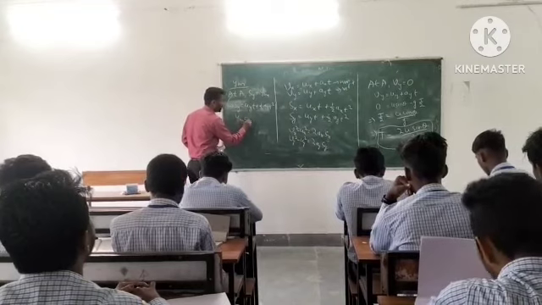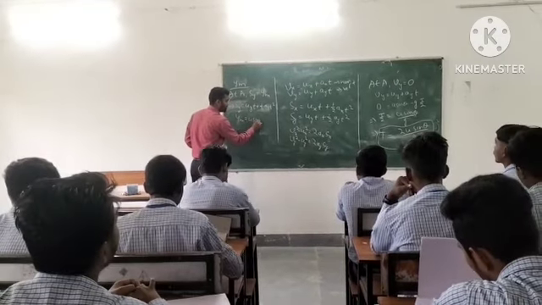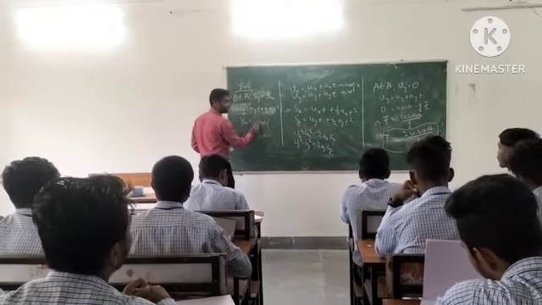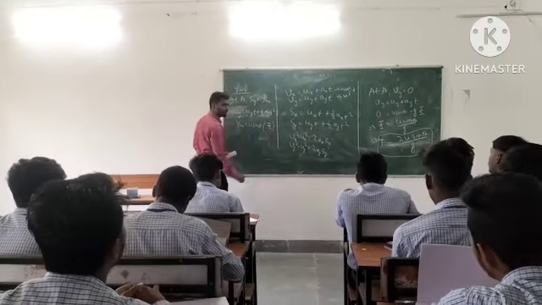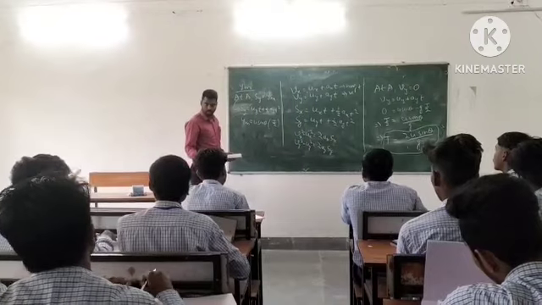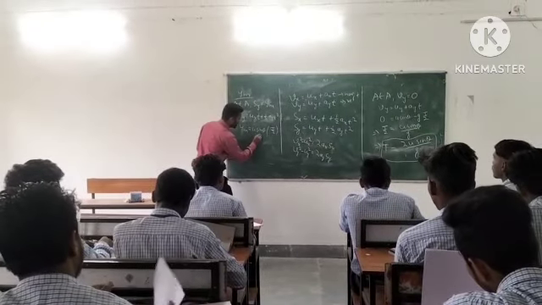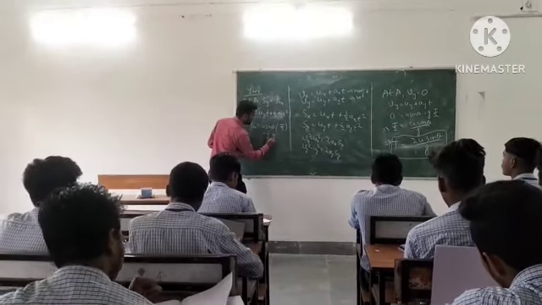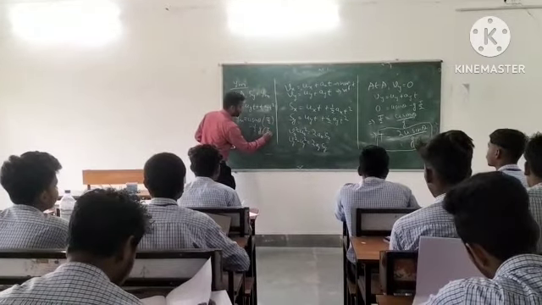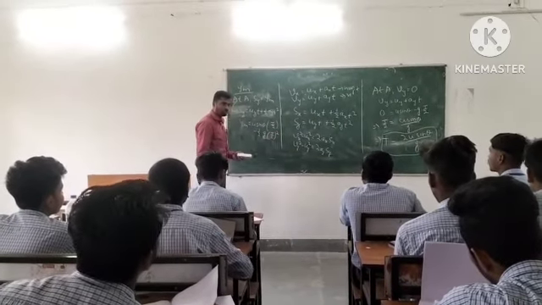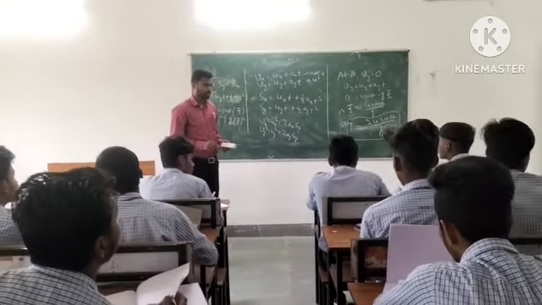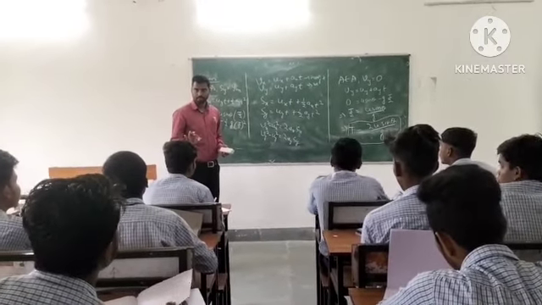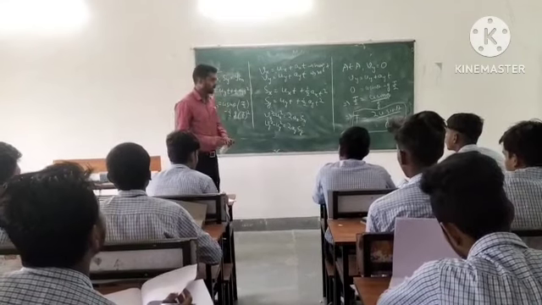At point A, Uy is u sin theta, and time is what? T by 2. Yes or no? Minus half g, time is T by 2 whole square. Is it okay?